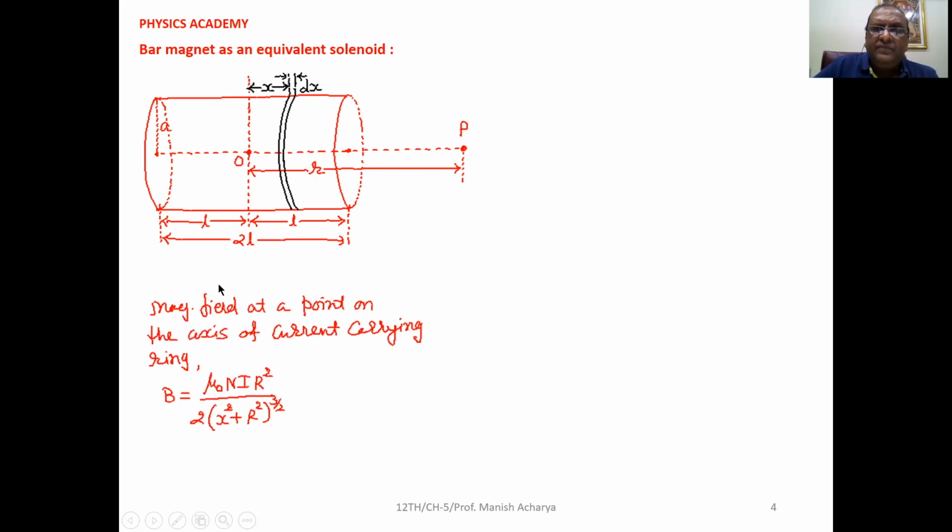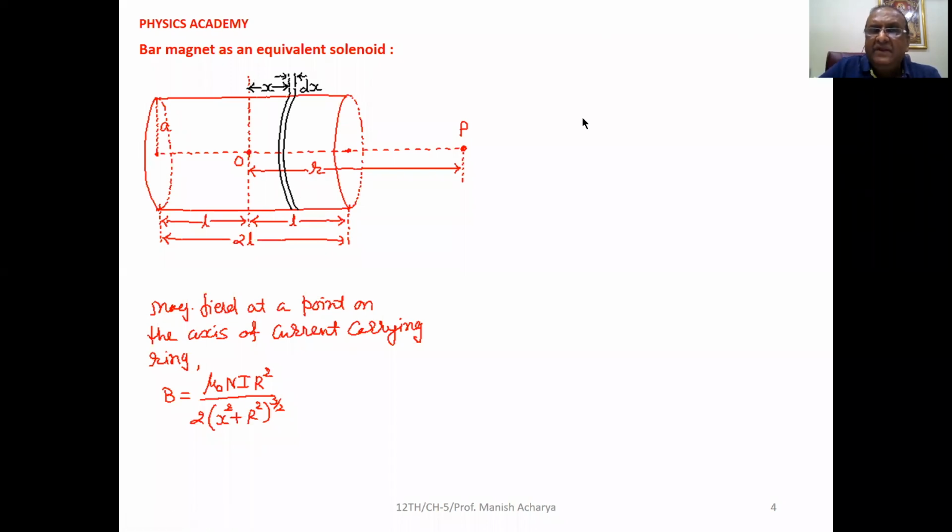We know that in the previous chapter, we derived the equation for the magnetic field at any point on the axis of the current carrying ring having n number of turns. That is mu 0 n I r square upon 2 into x square plus r square raised to 3 by 2. So here we can consider the concept like this.